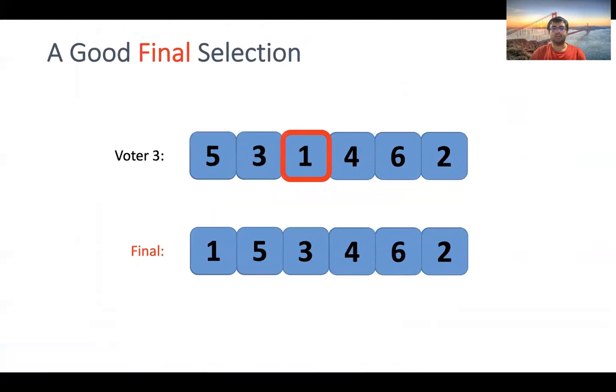So is the case for voter 3 as they move candidate 1, and voter 4 as they move candidate 4. Note that a change only consists of picking some symbol from its place and moving it to another place. It's completely fine to either move the symbol from the top of the list to the bottom of the list, or just move between adjacent positions. They count as the same.